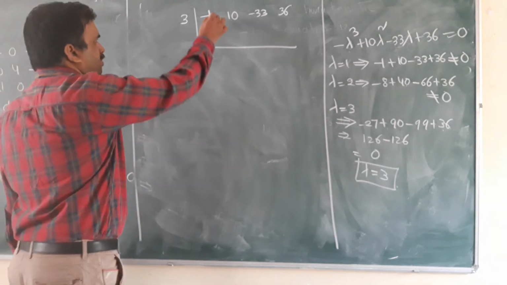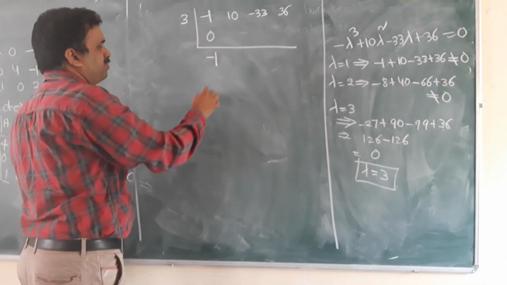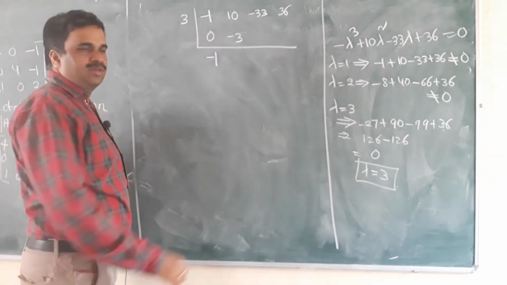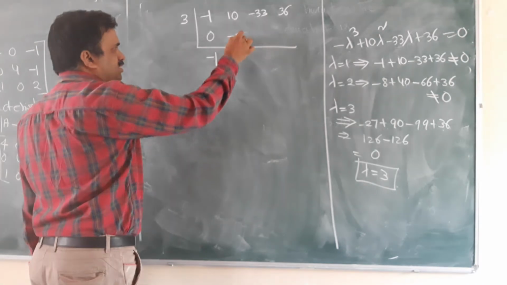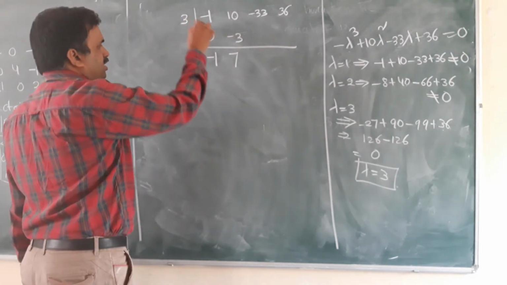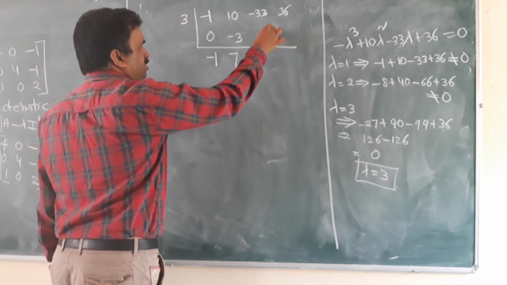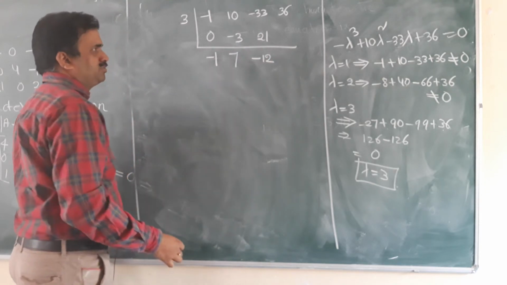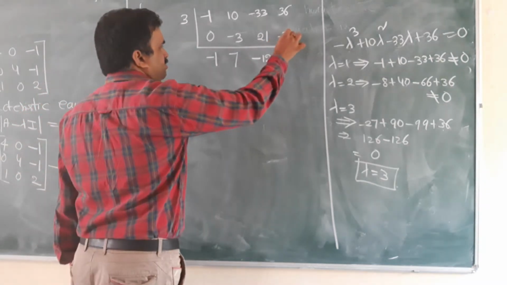Now minus 1 minus 0 is minus 1, 3 into minus 1 is minus 3. Add these values, 10 minus 3 is 7, 3 times 7 is 21, minus 33 plus 21 is minus 12, 12 times 3 is 36, so minus 36.